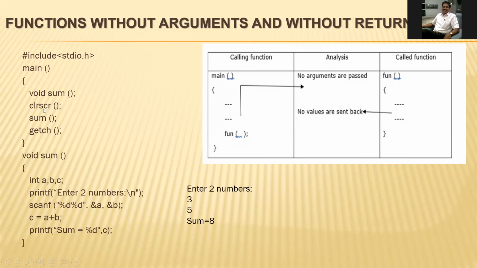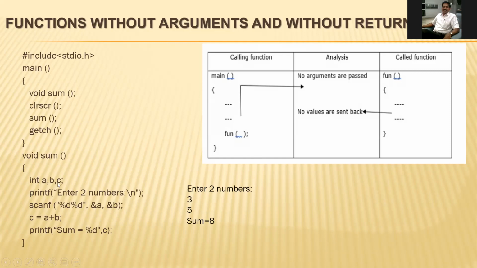Then clrscr, which is a library function. Then the sum function is called again. Now getch is one of the library functions. This sum function is written later on. Further, it is written as a function which will calculate something.